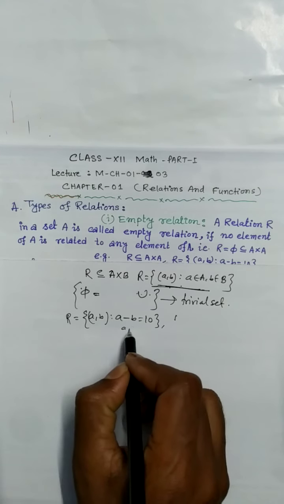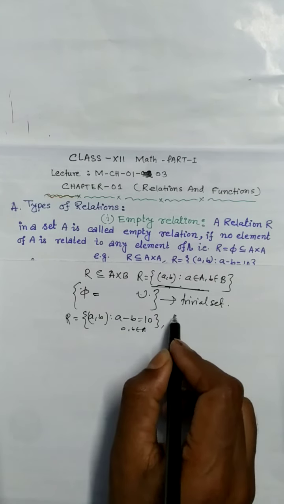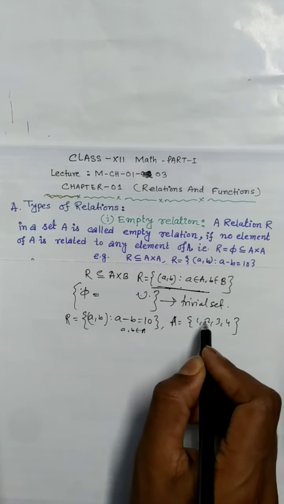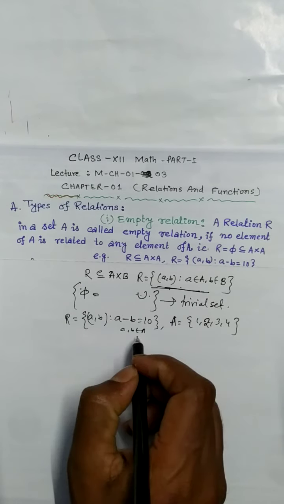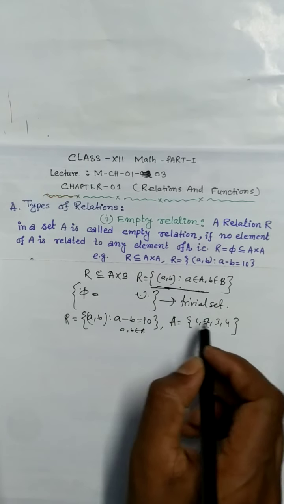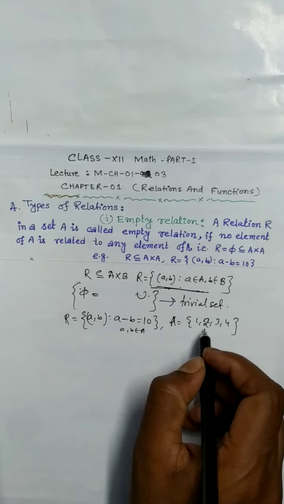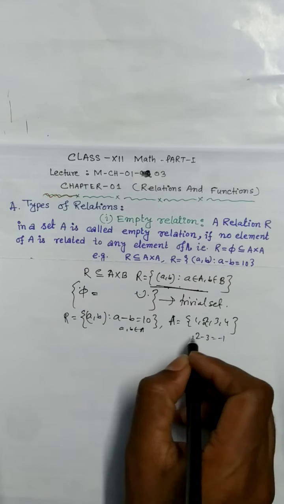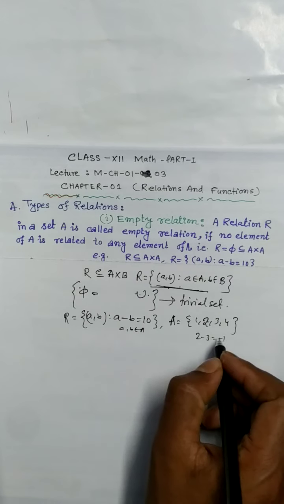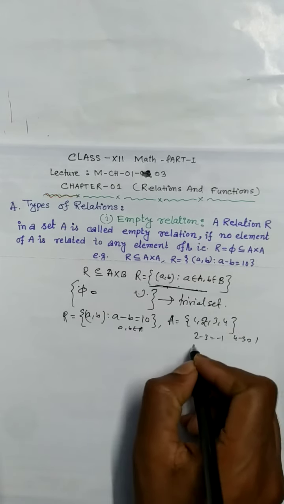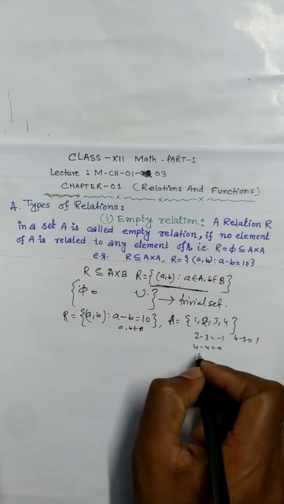Here a and b are taken from set A, where A equals {1, 2, 3, 4}. If you take any two numbers from this set and find the difference, like 2 minus 3 will be minus 1, but you will never get 10. 4 minus 3 will be 1. 4 minus 4 will be 0.